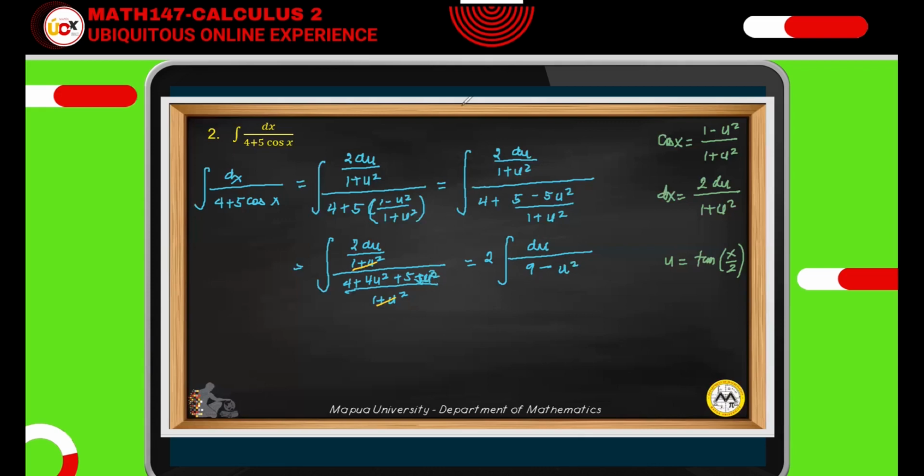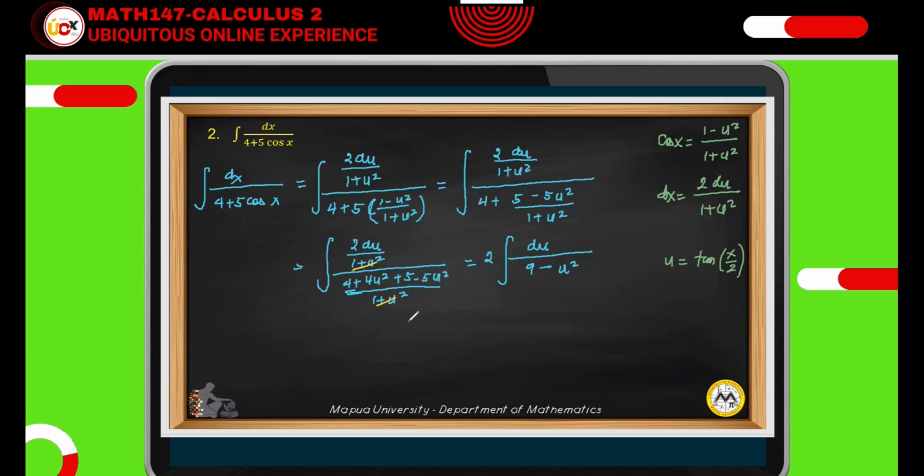Let me make this clear so that it is not hard to read. We have 5 minus 5u squared.